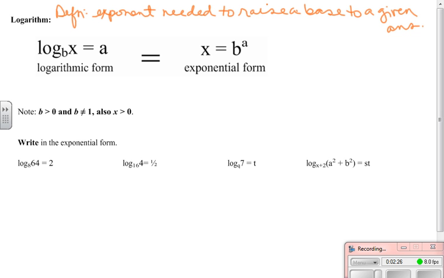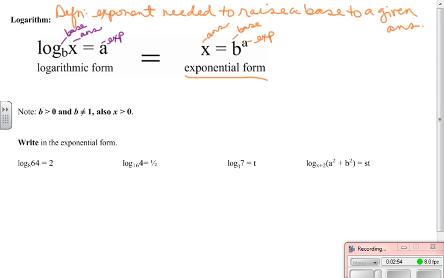So let's go over to this exponential form first. Now, this is obviously our answer, b is our base, and a is our exponent. That's how we're used to looking at things. If we take those same variables, you see that here is your base: log base b of x is equal to a.